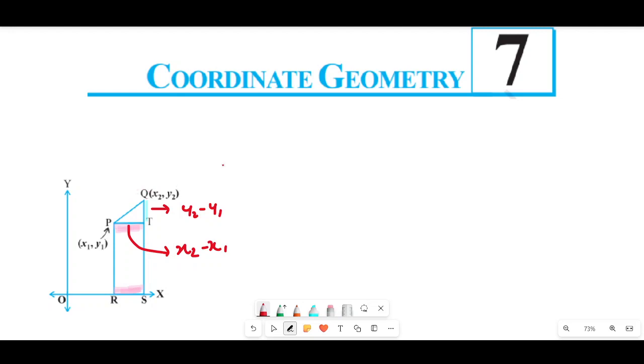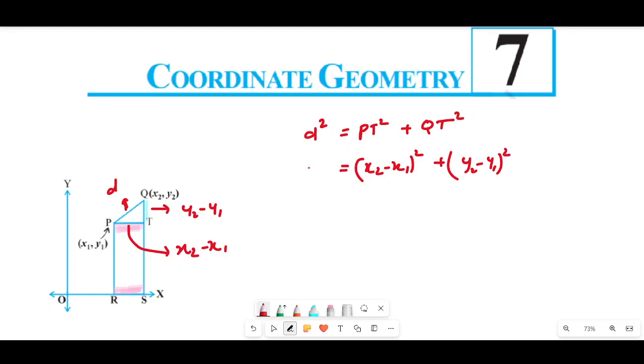Now if we want to find out the distance PQ, that is D, then D square is PT square plus QT square. PT square is x2 minus x1 square, and QT square is y2 minus y1 square.